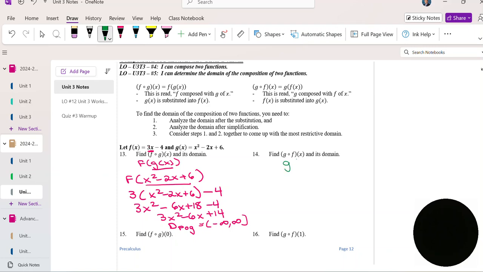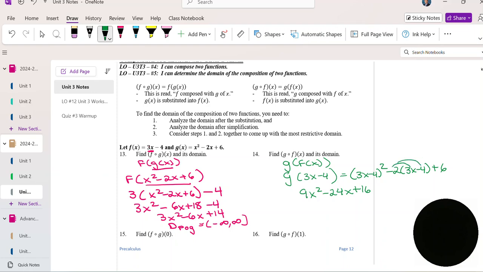G of f of x, I'll rewrite it in parenthesis form, but now I'm going to take f and put it in first. And then I'm going to put that in, so I get 3x minus 4 squared minus 2 times 3x minus 4 plus 6. So when I FOIL 3x minus 4, I get 9x squared minus 24x plus 16.